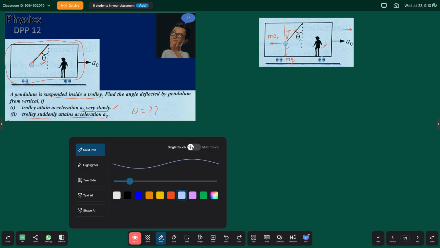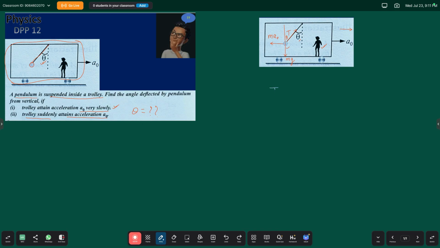Let us write the equation in the horizontal direction. The component of tension force will be T sine theta, and the pseudo force m a naught. This will be zero in equilibrium, no motion, when you are observing it from the frame, like the boy is observing it.